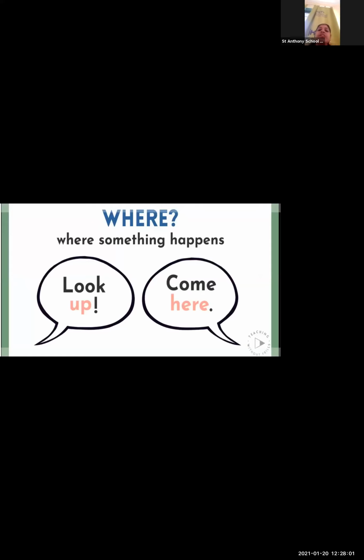Now, regarding the where, look up and come here. So in the sentence, when you ask the question, where do I have to come, the answer is here. You have to come here. So here is an adverb. Look up.